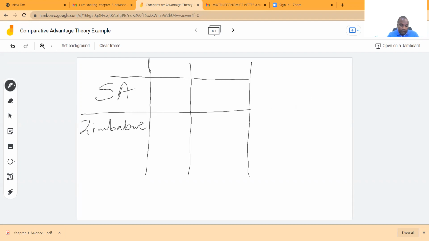And these two simple economies are producing cars. They are producing cars, and they are also producing maize, which is measured in tons.